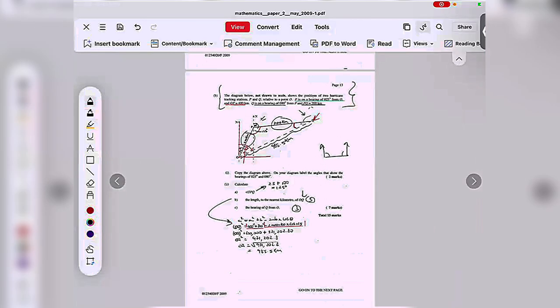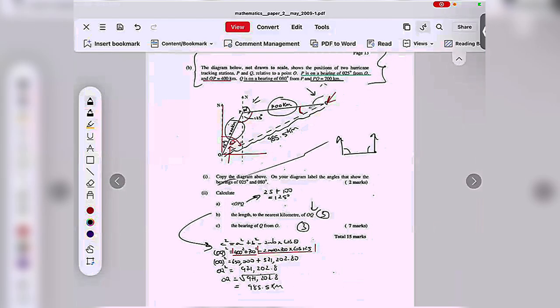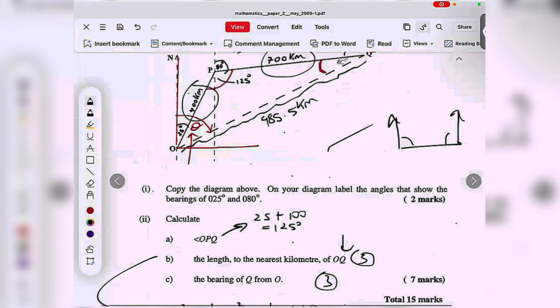So we're going to use the sine rule to find the angle right in here. Remember, the cosine rule and sine rule play hand in hand.